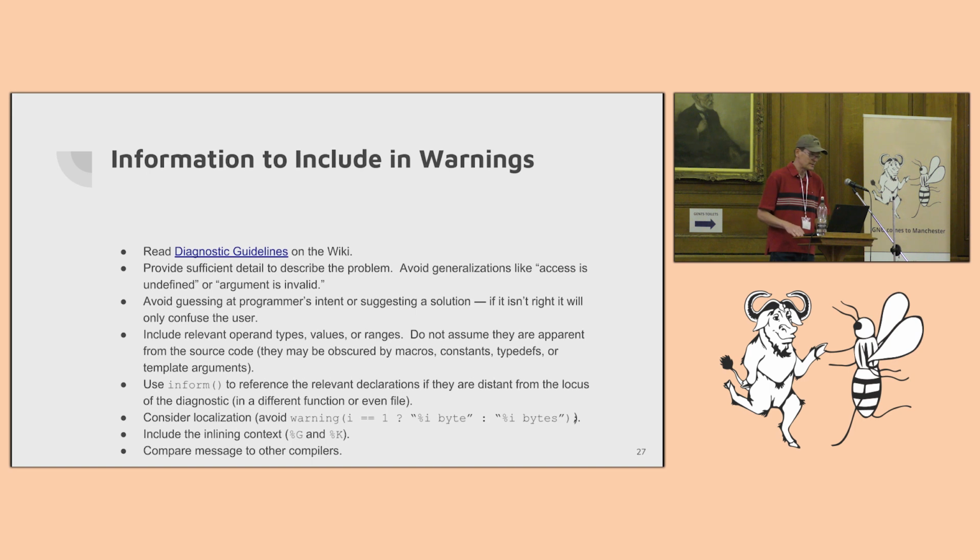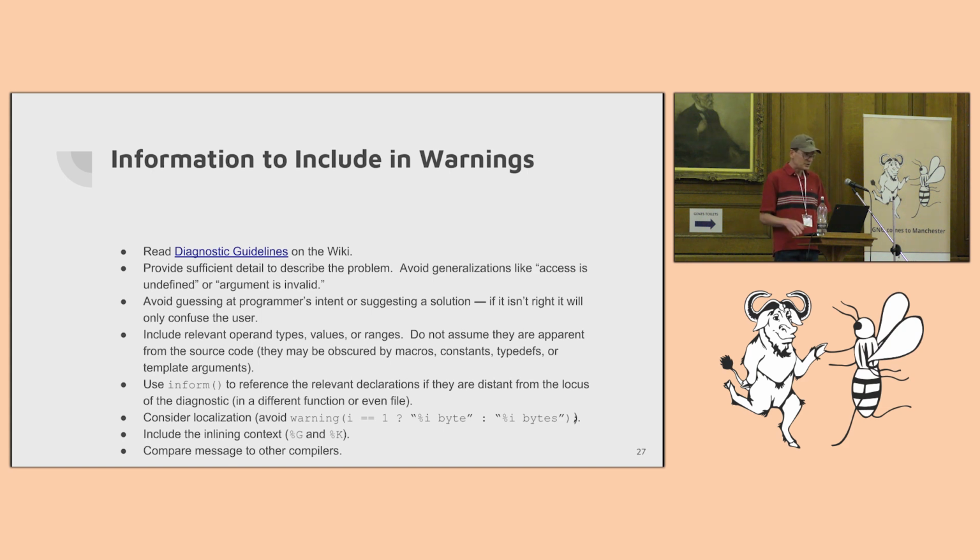The size of the array, for example, even though you print it in the diagnostic, may not be easily discernible from the reference to the variable itself. This is especially important if the variable that's being accessed is in a different function than the access itself, or even in a different file as a result of function inlining.